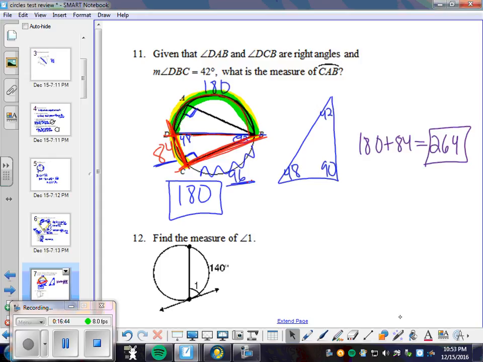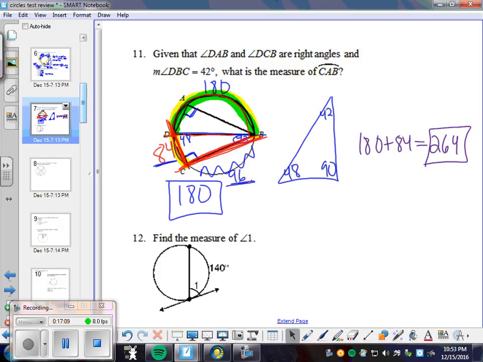You can just say, from the 90 degree that's 180, and 180 plus the 84, use the 42 to get your 84. So I did some extra work there I didn't have to do. All right, so again, looking at 11, you've got angle 42 there. Double it to get 84. You know this 90 makes this 180, and then add the 180 and the 84. So it's a lot easier than I made it out to be to start with.